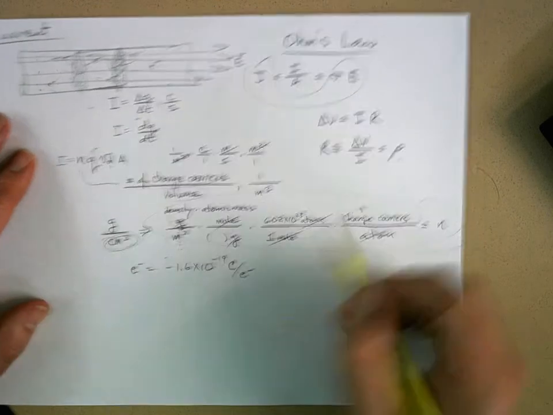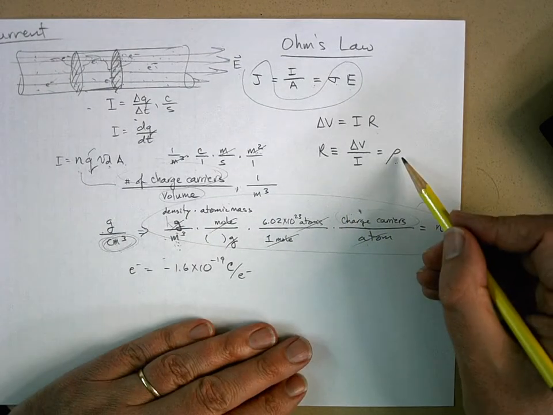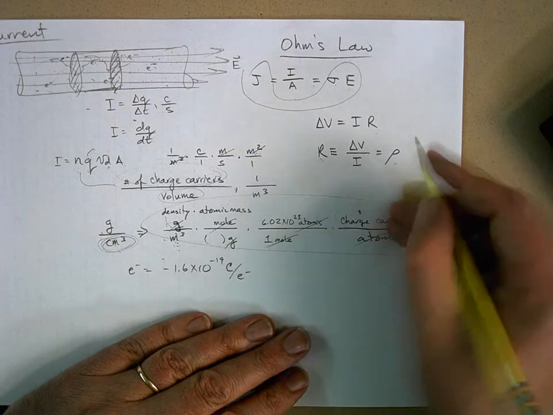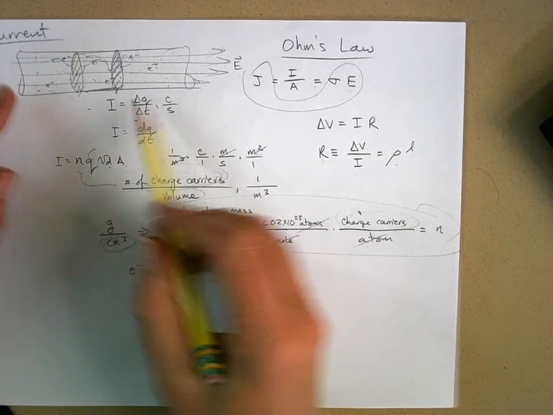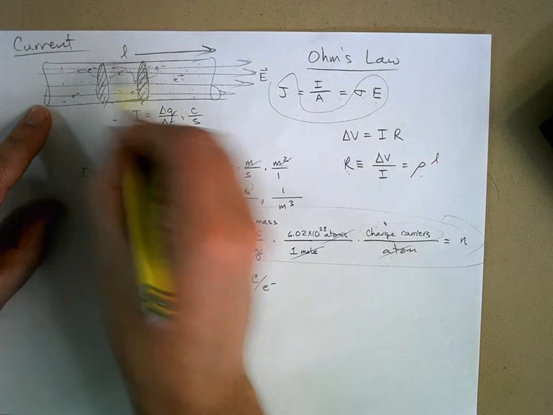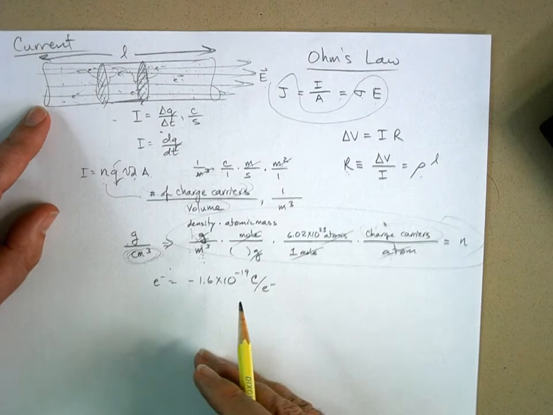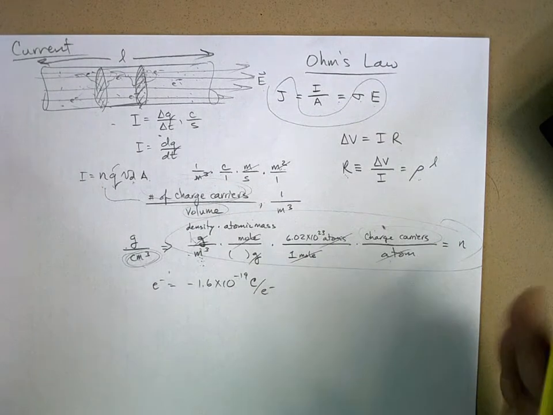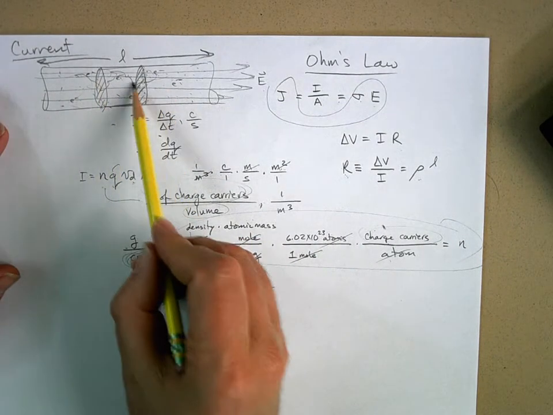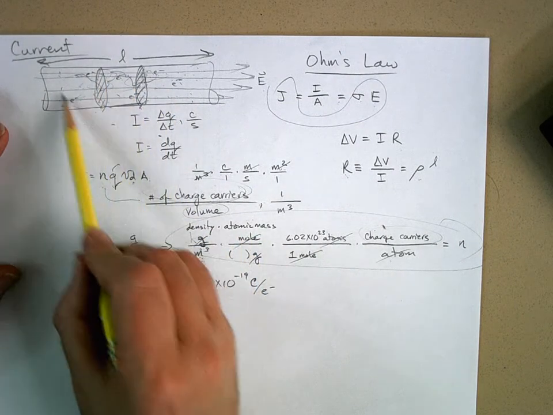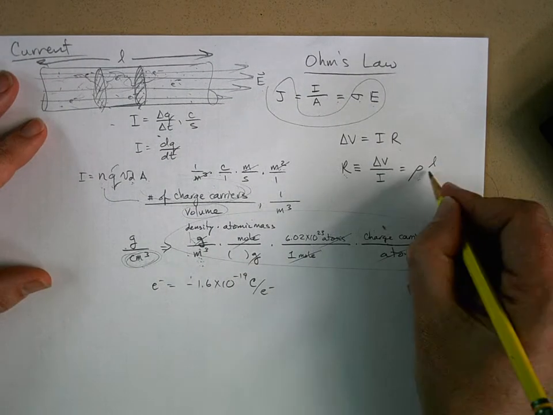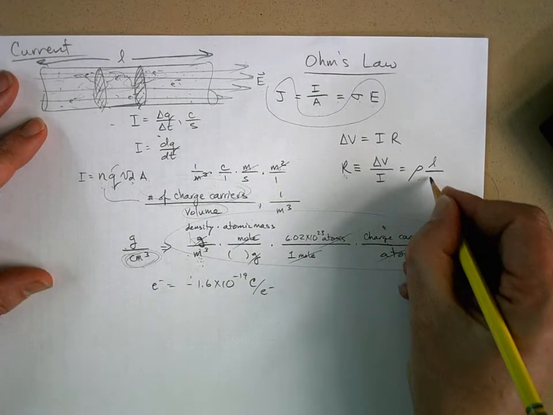And it can be shown, and I'm not going to prove it here, that the longer the wire, the more resistance you're going to get, the more voltage drop, the more electrons lose energy as they bash their way through the conductor. Now, the resistance is inversely proportional to the area.